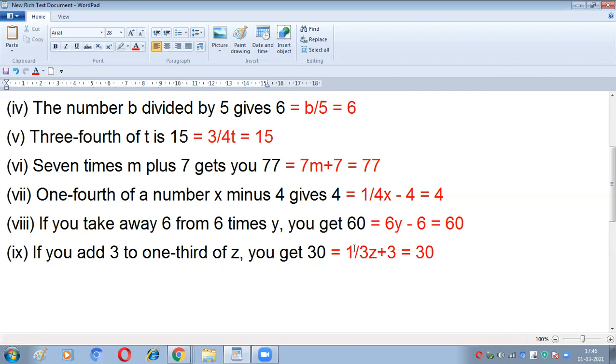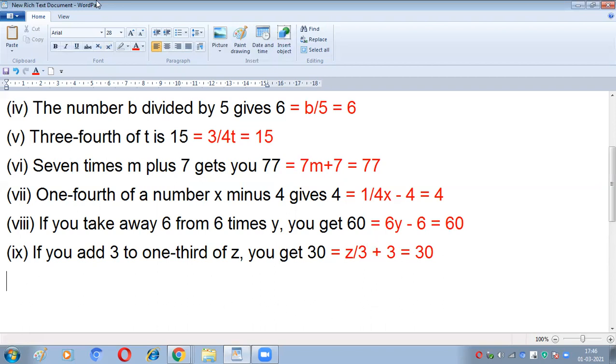Or if here is 1 as the numerator, you can write the base instead of 1, because 1 doesn't have any value. So our equation will be z upon 3 plus 3.